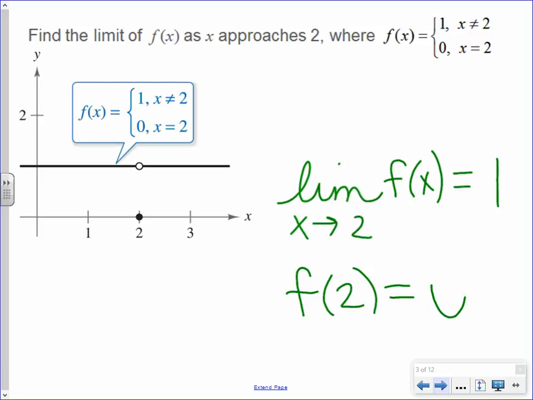Right there at 0. Okay. So here's our limit. As we get close to 2, our function's approaching 1. However, our coordinate is at 0 for x equals 2. So the limit is what we're approaching. The coordinate is where the dot is.